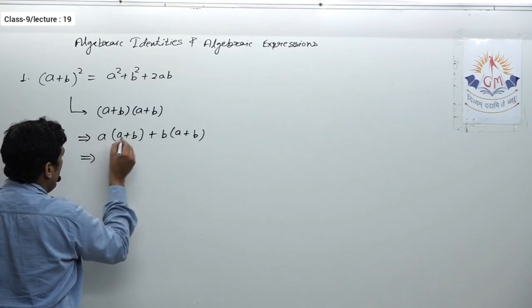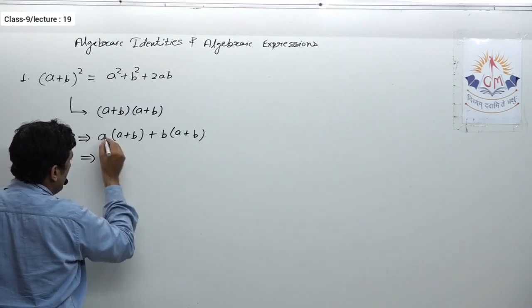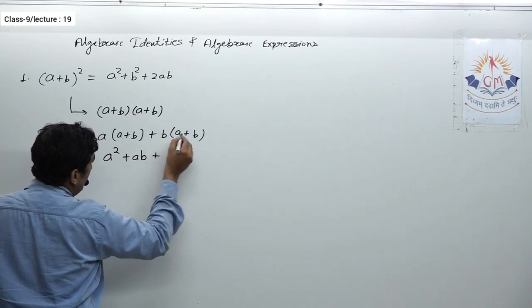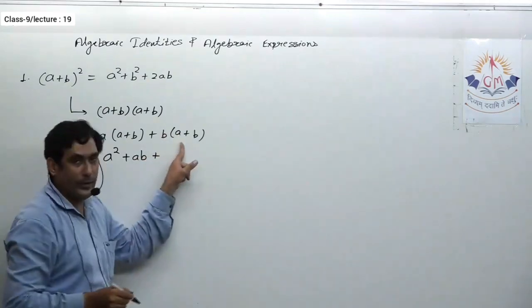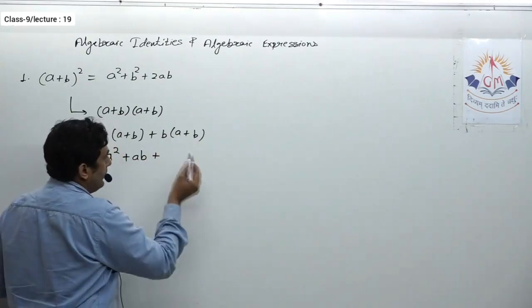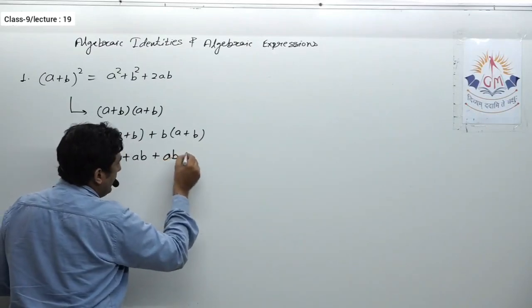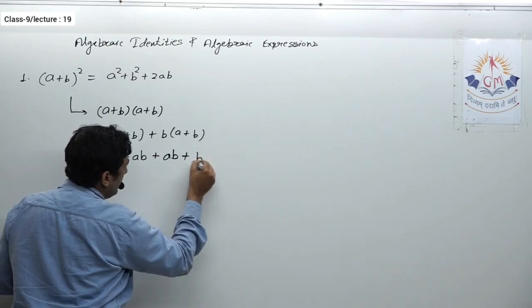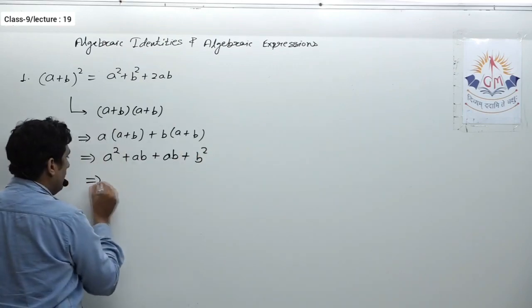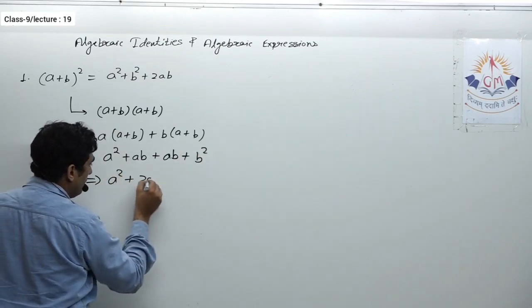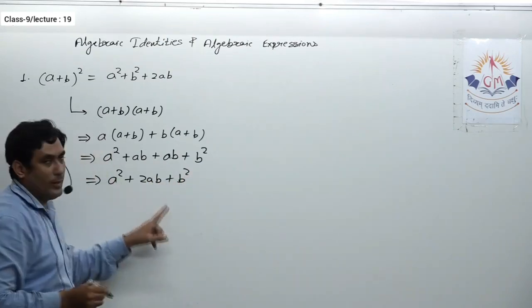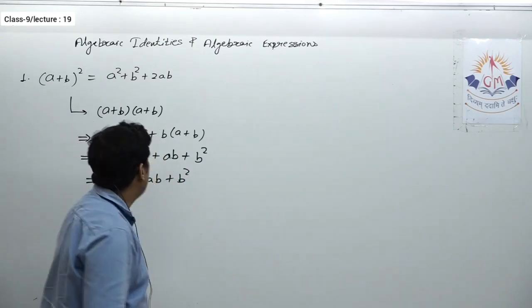This gives you a into a, that is a square, a into b, that is plus ab, plus ba. See, b multiplied by a is ba, so either I write ba or ab, it is the same thing, and finally b into b, that is b square. So a square plus 2ab plus b square, or if you write a square plus b square plus 2ab, it is the same thing.